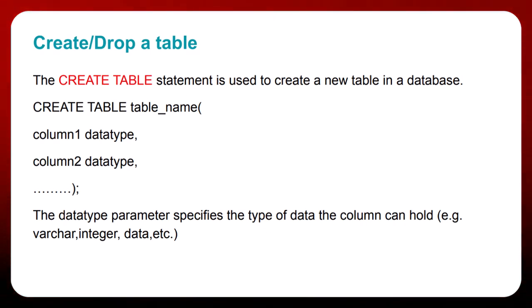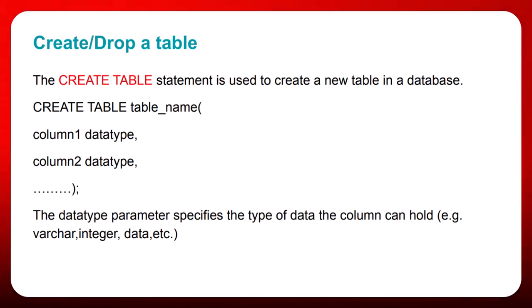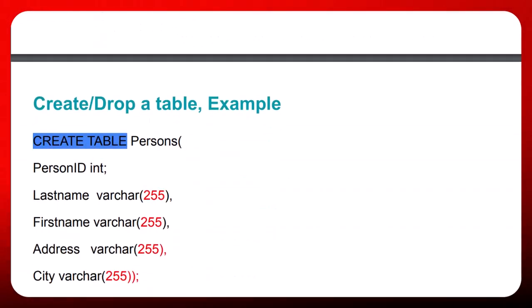Column one is going to be your first attribute, then the second attribute. Of course, you need to mention the data type. The data type parameter specifies the type of data the column can hold. We have varchar, we have integer data, etc.